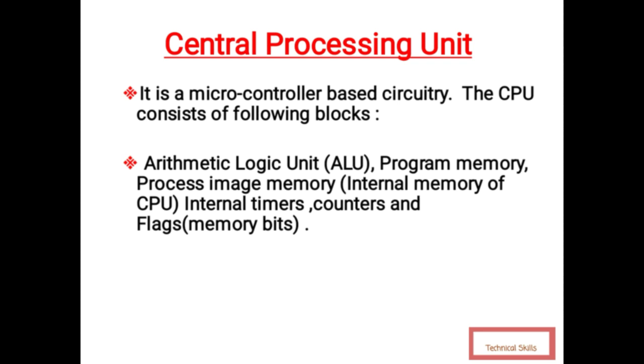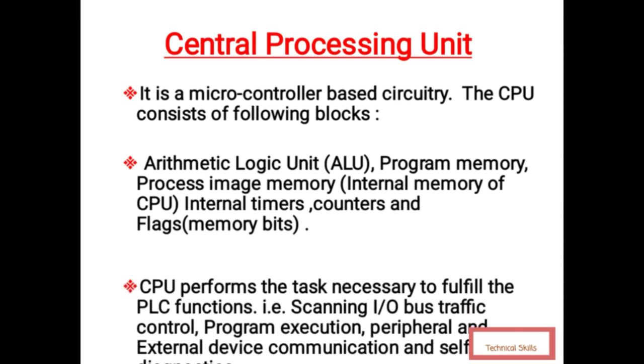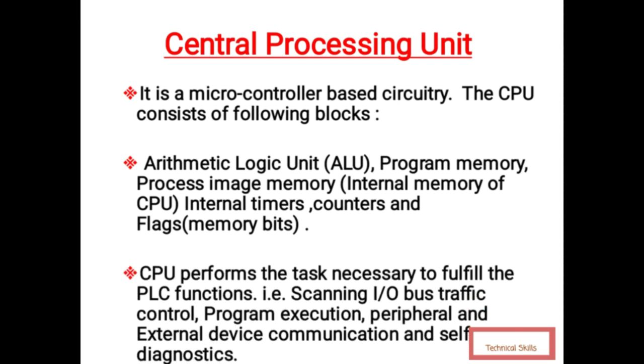The program that we download in the PLC is stored in program memory. The CPU performs the tasks necessary to fulfill the PLC functions, that is scanning, IO bus traffic control, program execution, peripheral and external device communication, and self-diagnostics. All these works have to be done by the CPU.